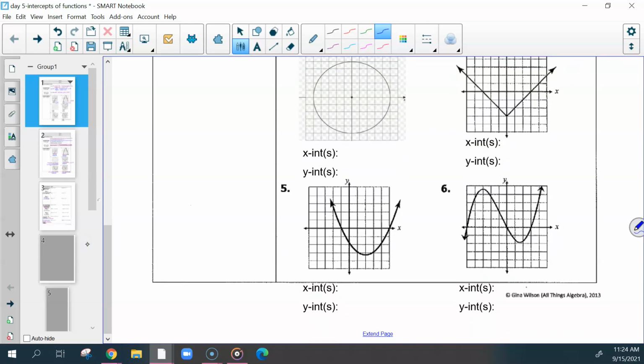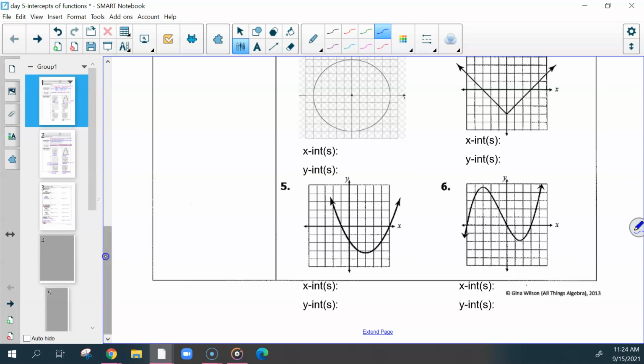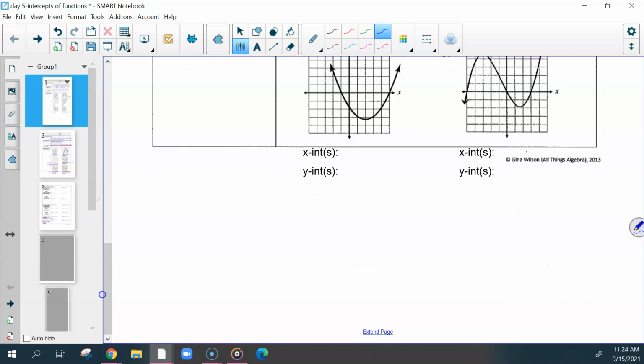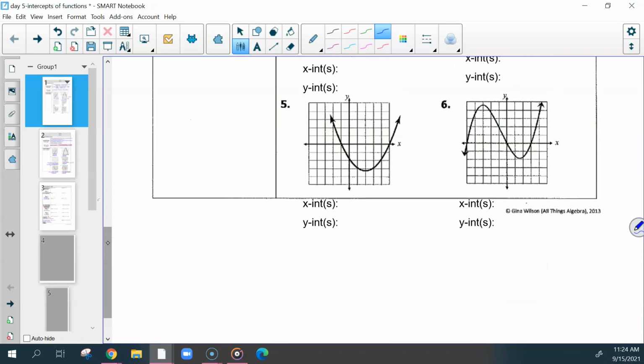Remember, it might be easier for you to look at your own paper than trying to see mine. What are the x-intercepts? -5. What was that? 3. Are there any others? 2. Yeah. So there are 3.